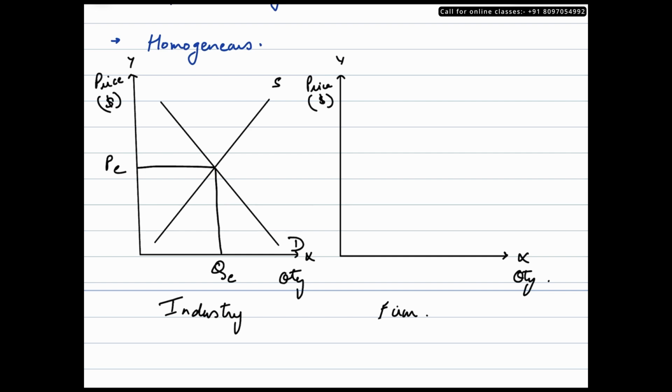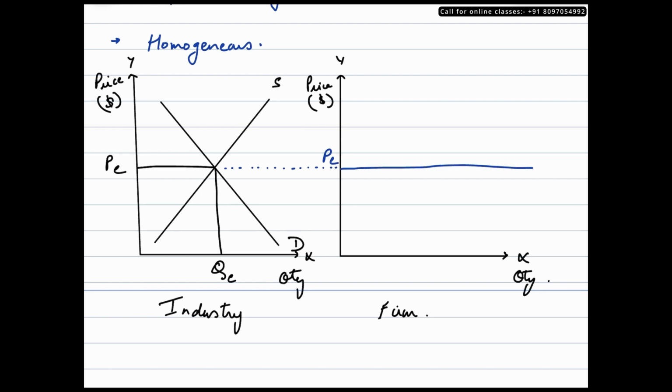Now, as we've mentioned above in the features, firms under a perfectly competitive market are price takers. So this individual firm would take up this price, which is PE, accept this price. Let's put that in the diagram over here. So this is basically the price that will be accepted by the firm.